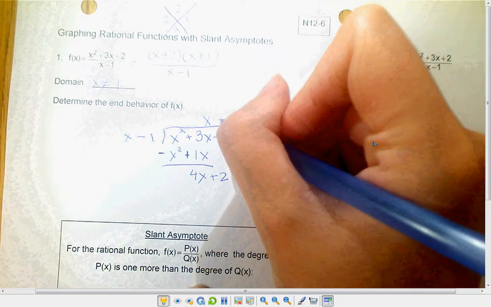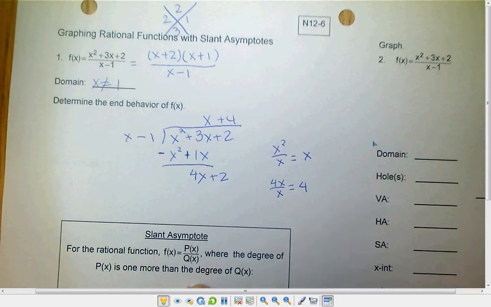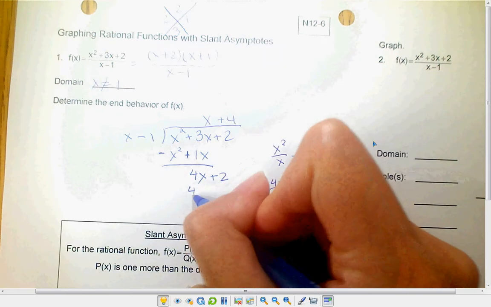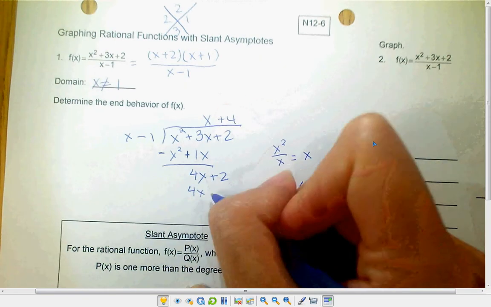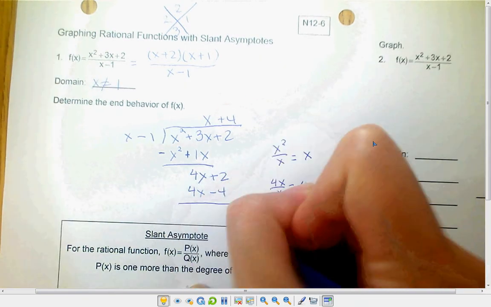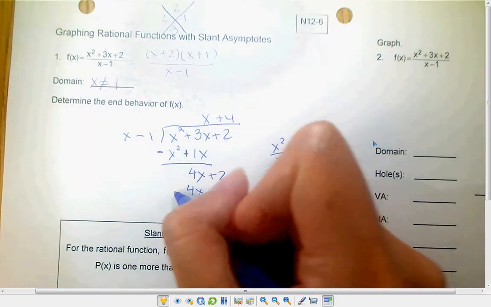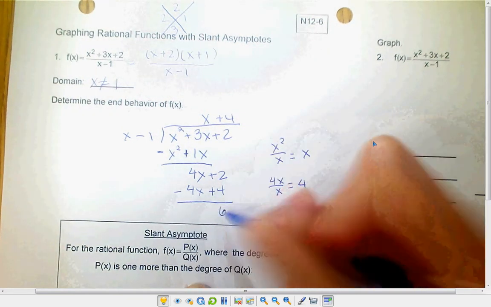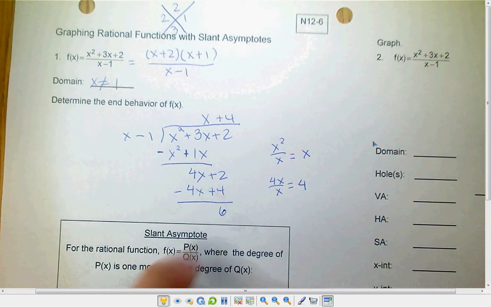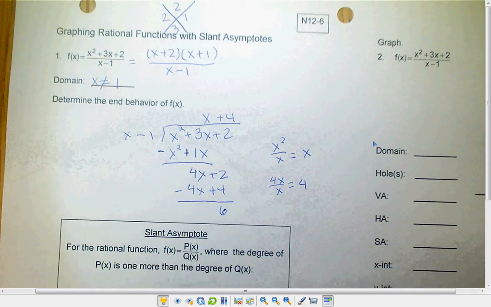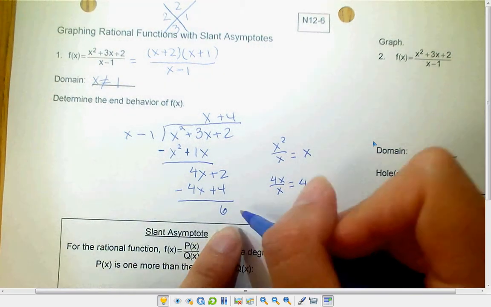So this is a plus 4 on top. I have 4 times x is 4x, 4 times negative 1 is negative 4. Again, I'm going to change the sign, so negative, positive. This gives me 6. Now 6 divided by x I can't do anymore, so this is my remainder.